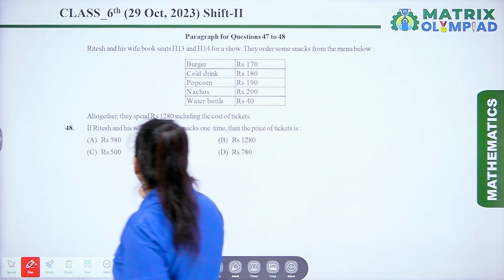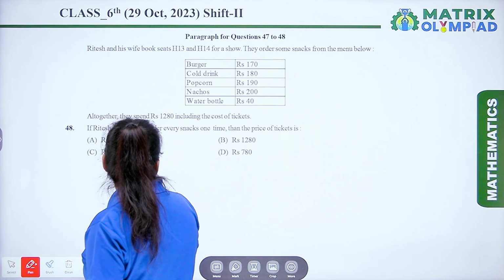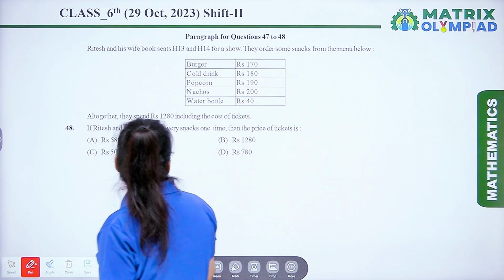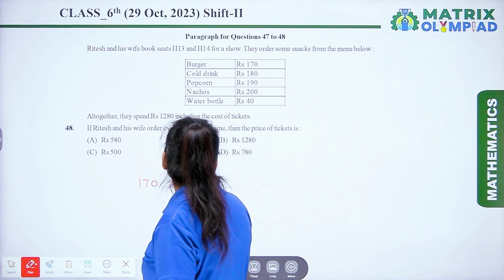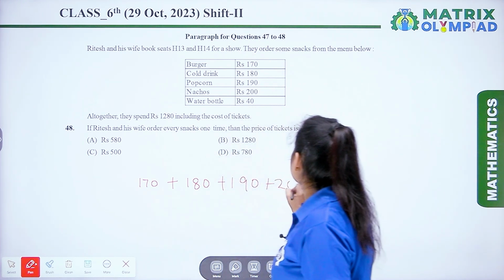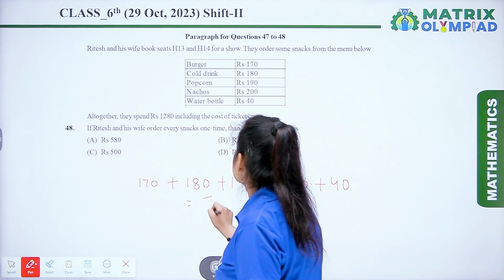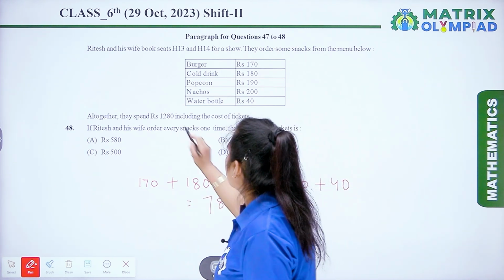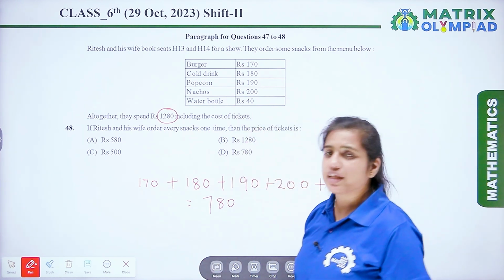First, we are going to find out the total amount of snacks as they ordered every snack one time. 170 plus 180 plus 190 plus 200 plus 40, that is equal to 780, and the total expenditure is 1280.